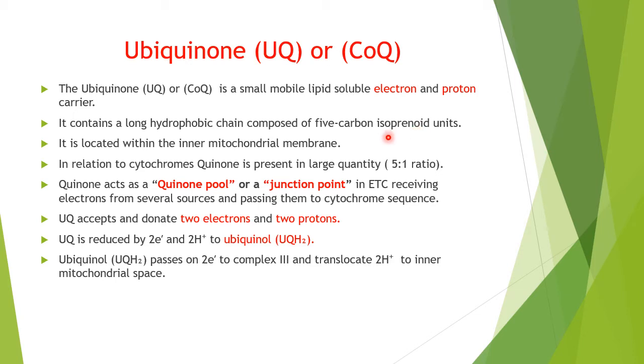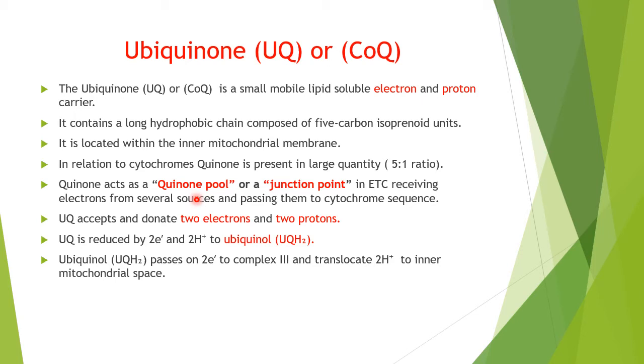It has a mobile nature and is located within the inner mitochondrial membrane. In relation to cytochromes, quinone is present in large quantity, a 5:1 ratio, because it acts as a quinone pool or junction point in the ETC, receiving electrons from several sources and passing them to the cytochrome sequence.